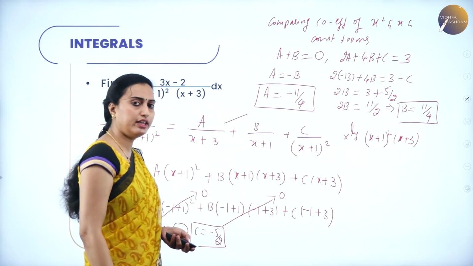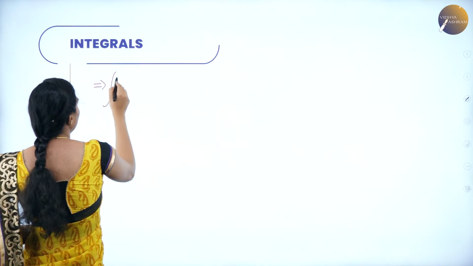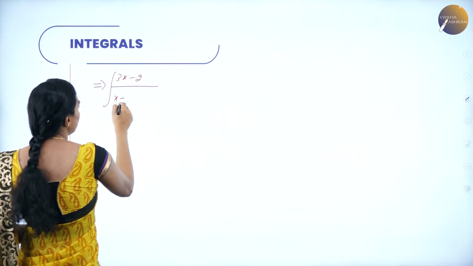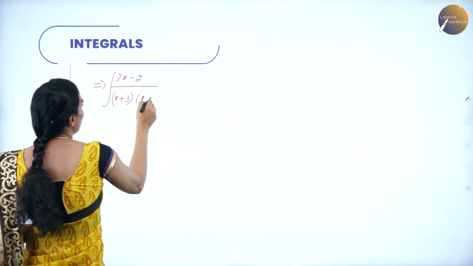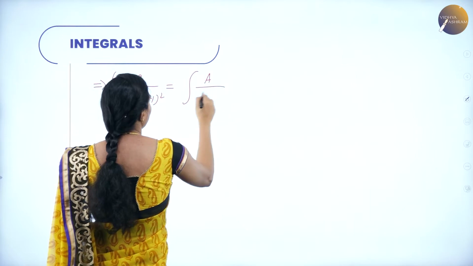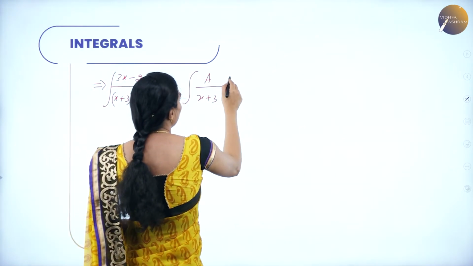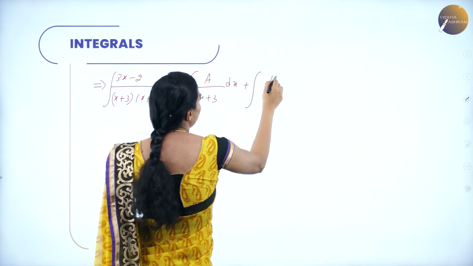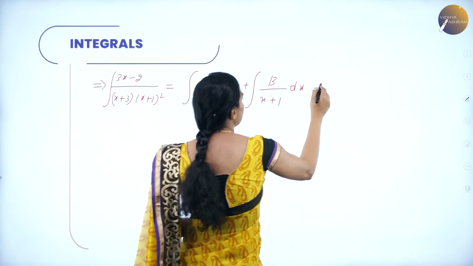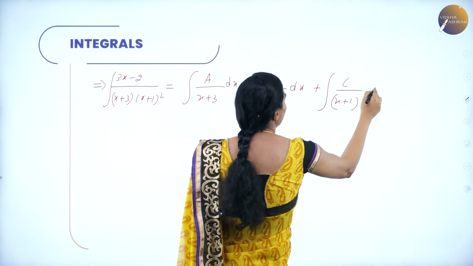Substituting here and then integrating. Which implies integral of 3x minus 2 divided by x plus 3 into x plus 1 whole squared is nothing but integral of a divided by x plus 3 into dx, plus integral of b divided by x plus 1 into dx, plus integral of c divided by x plus 1 whole squared into dx.